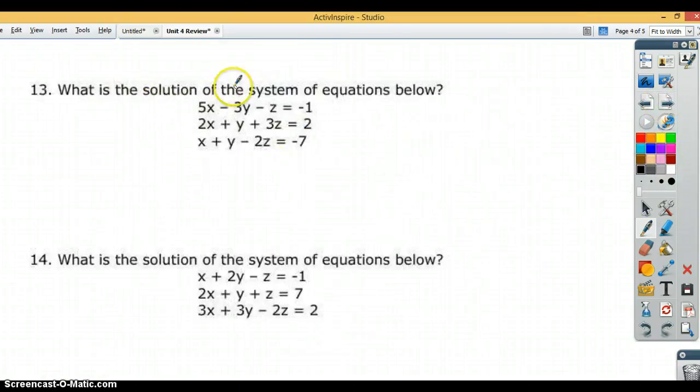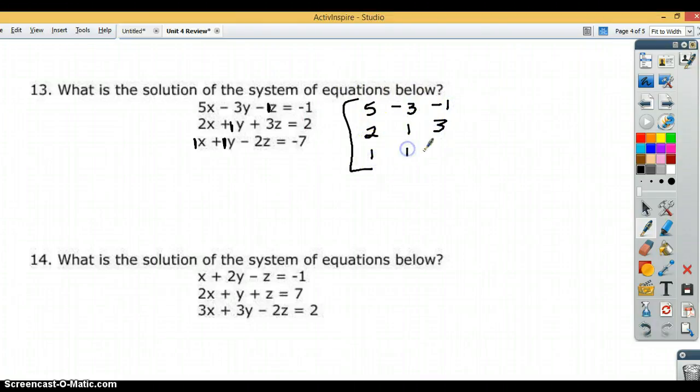Alright, so what is the solution of the system of the equations below? So we have a system here, a 3 variable system. Remember, there's a 1 here, 1 here, 1 here, and a 1 here. I would use the matrices. So 5, negative 3, negative 1, 2, 1, 3, 1, 1, negative 2. Alright, so this is x, y, z, right?